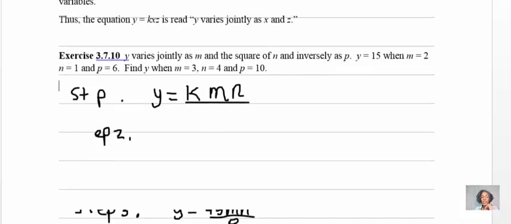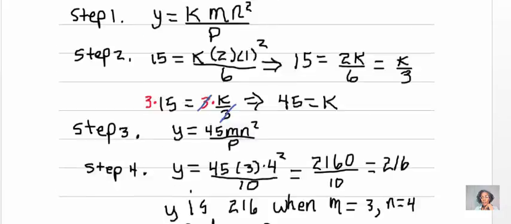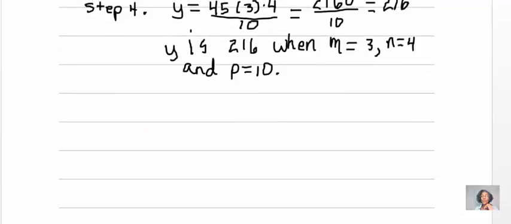All right, so y is 216 when m is 3, n is 4, and p is 10.